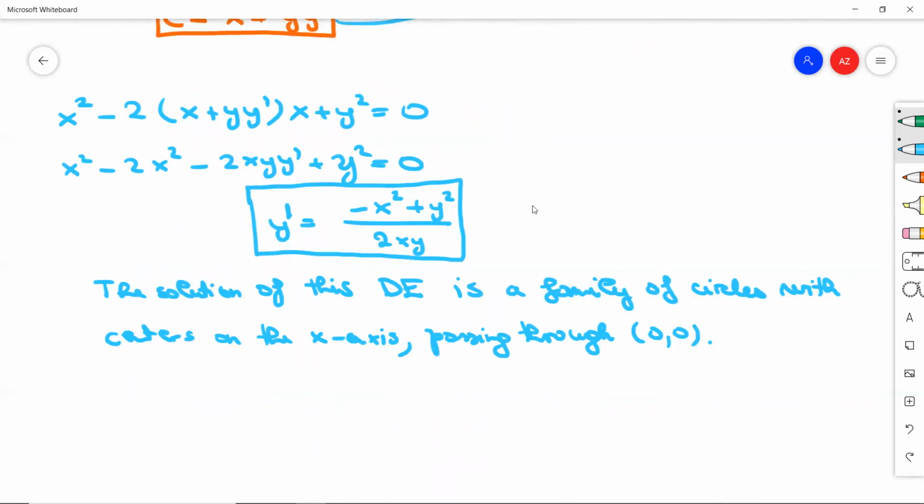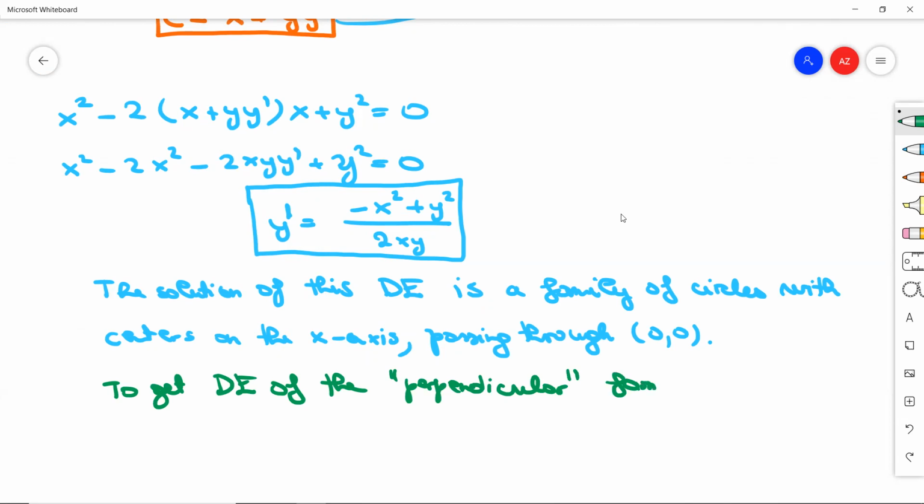And as we said, to get the family of perpendicular curves, what we have to do is to exchange the left-hand side with minus 1 over y prime and leave the right-hand side as it is. So to get the differential equation of the perpendicular family, I put perpendicular in parentheses because I mean the family of curves which are perpendicular at every point to some curve from the initial family.